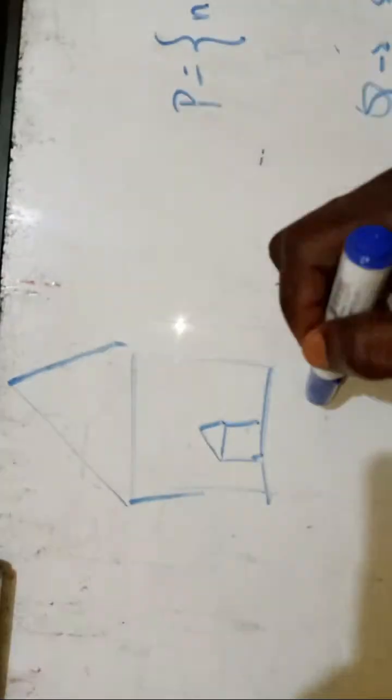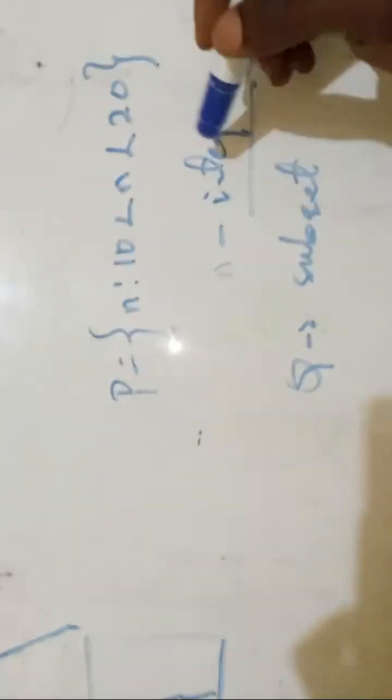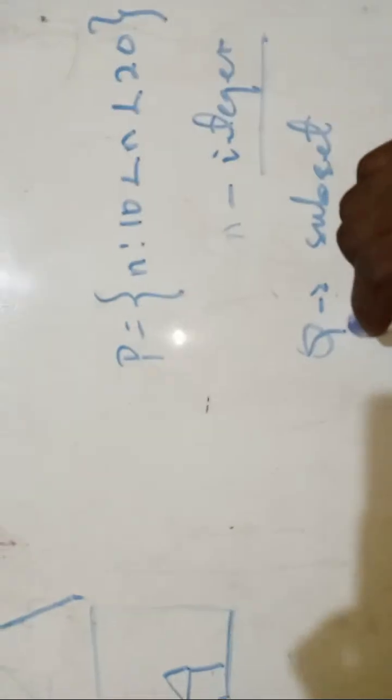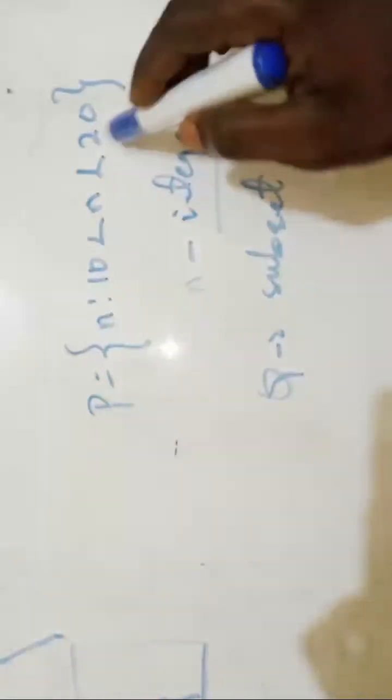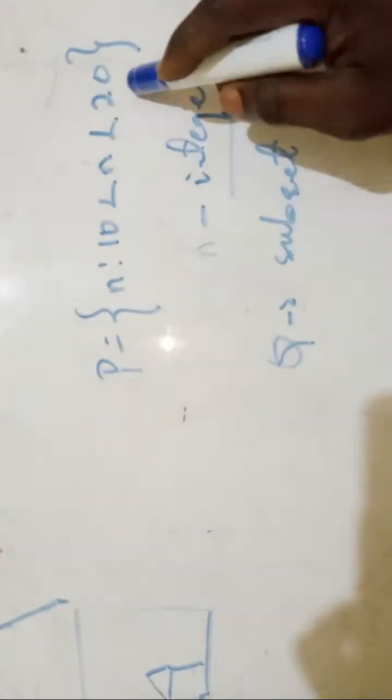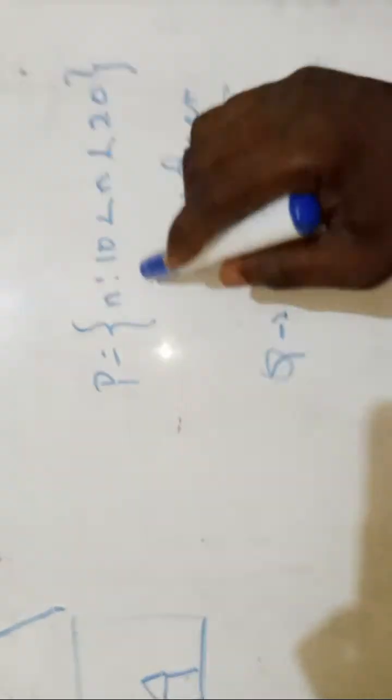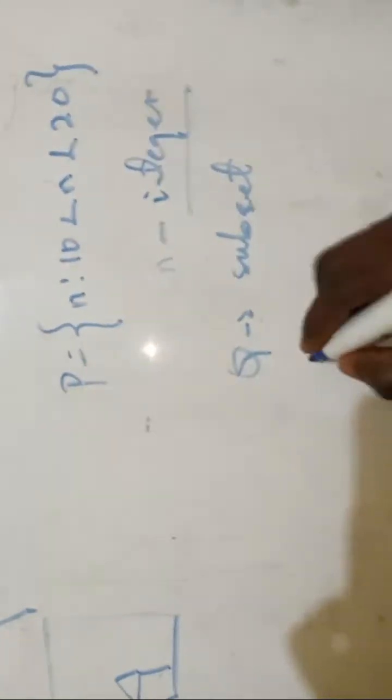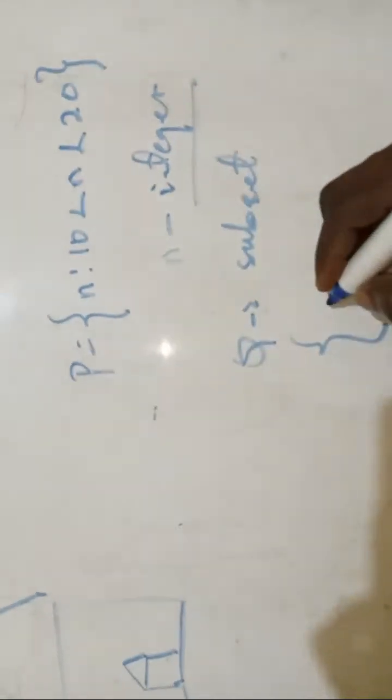That's the meaning of subset. If Q is a subset of P, Q is a member of this house. This is the entire house, and Q here is the tenant. So anybody found in Q is also a member of P. That is the technical definition, very simple and straightforward.